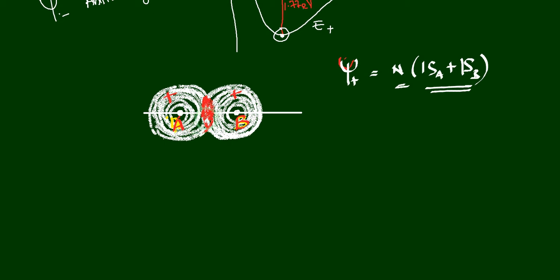of this build-up of the electron density, the repulsive interaction between the two nuclei will decrease. Actually, what is happening is that nucleus A will try to attract this electron density here, and nucleus B will also try to attract the electron density here.